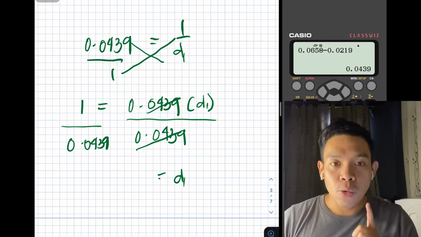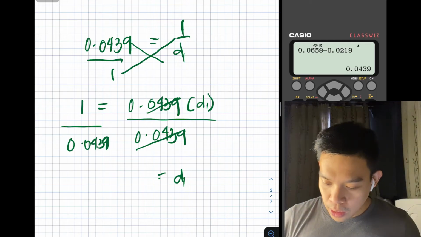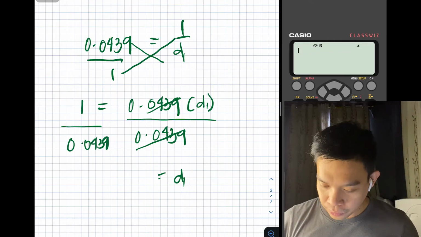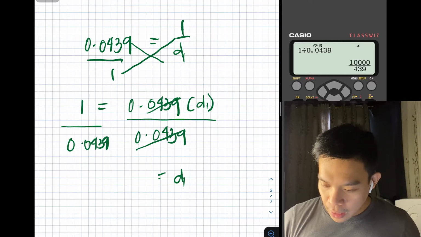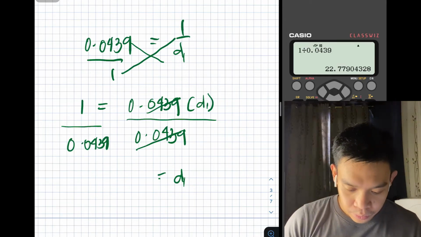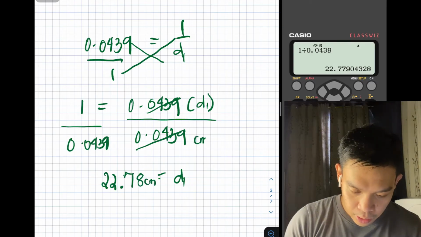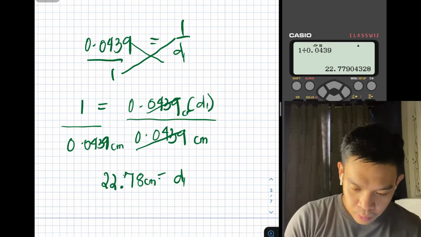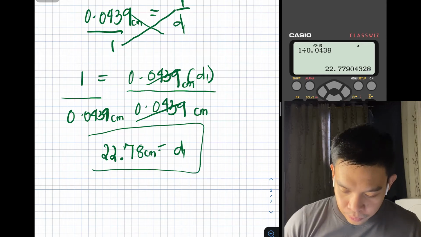To do that, we divide 1 by 0.0439, and the answer is 22.78 centimeters. Sorry, I forgot the units. So this is our answer.